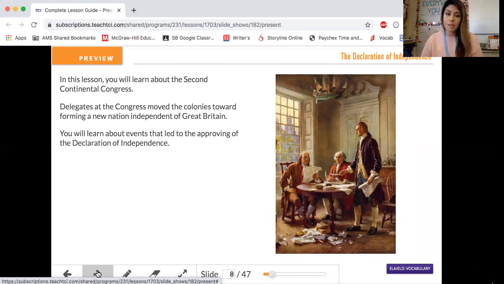You will learn about the events that led to the approving of the Declaration of Independence. You will also read about the key role that Thomas Jefferson played at the Congress.